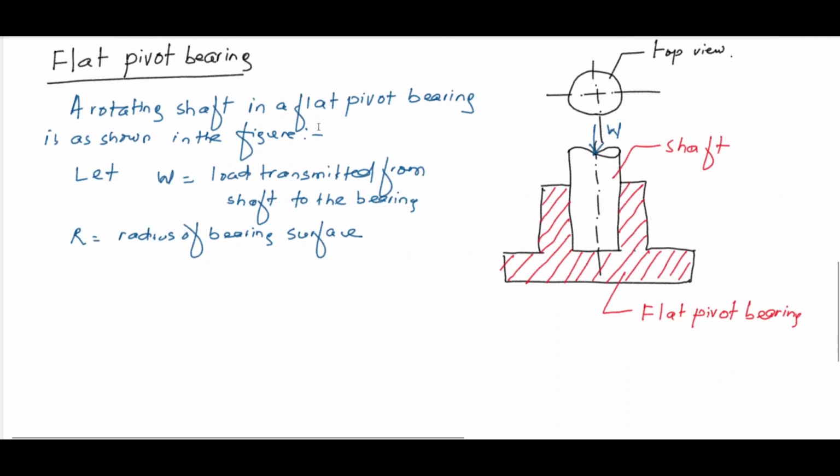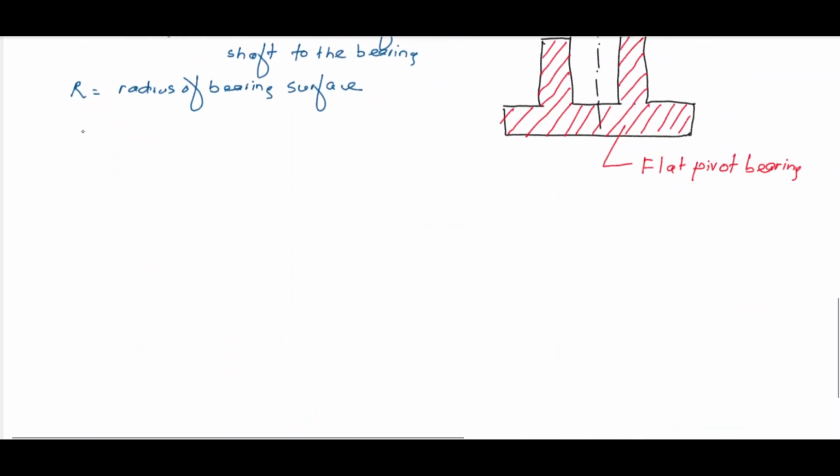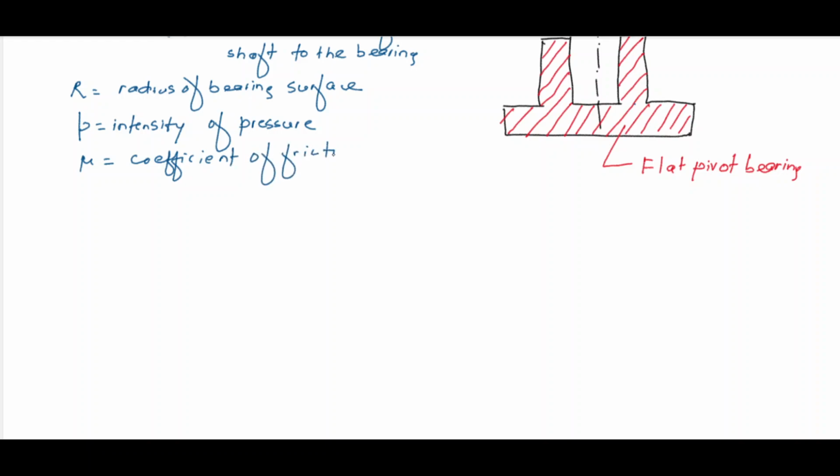Then let small p be the intensity of pressure. Then mu is the coefficient of friction. We take two criteria into account: one is uniform pressure and another is uniform wear.